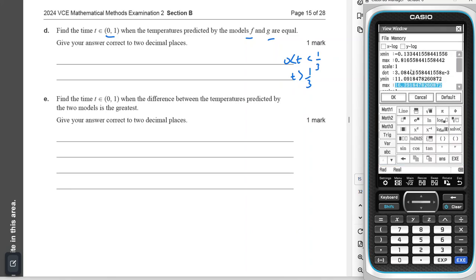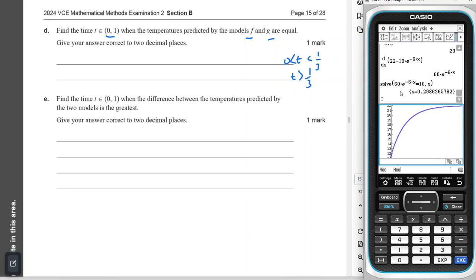Up to 22. Never gets to 22. So it has to be before. So let's check that again.